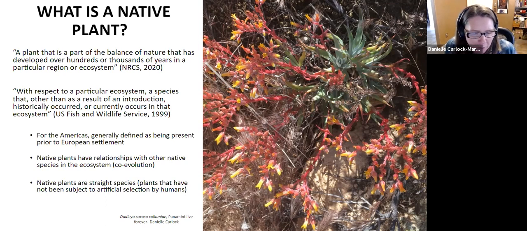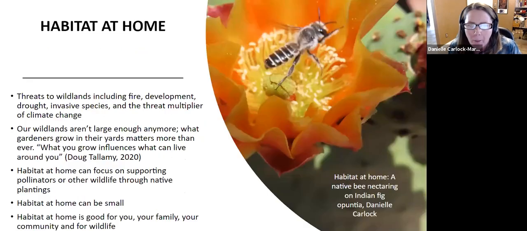That's another important consideration compared to what you'll see in nurseries, where they're starting to even call them nativars, which are cultivars of native plants. Breeders have selected for some particular trait, and so all the cultivars now have this trait, and there are lots of different cultivars. Some of them are not as beneficial to wildlife as native plants because of the alteration. Some either don't produce as much nectar or pollen or have other qualities that make them not as wildlife friendly. So next slide, please.